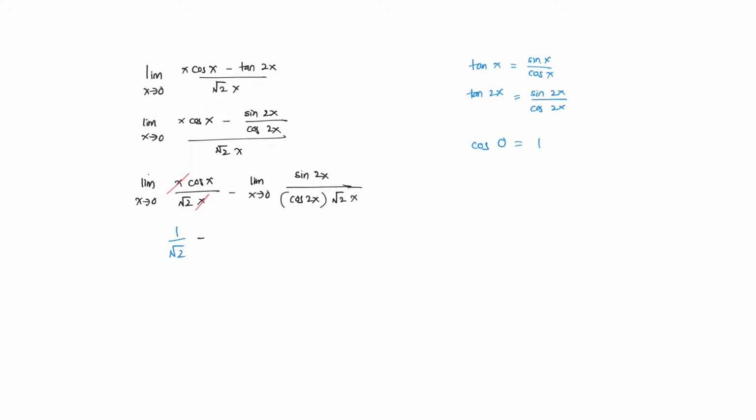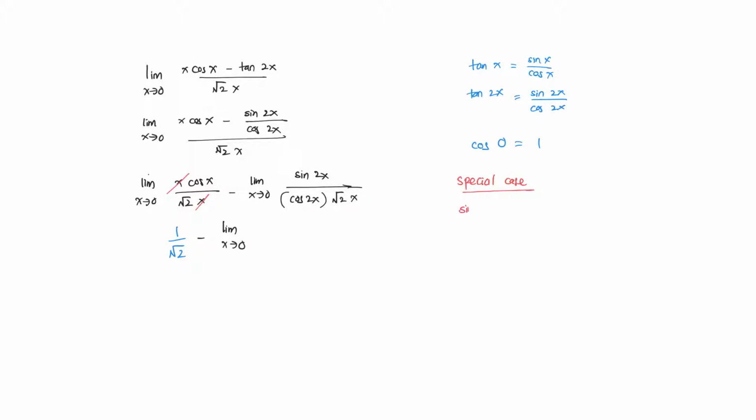Then let's move on to the second part. We have sine 2x over cos 2x, multiplied by sec 2, multiplied by x. The next thing you need to know regarding the limit of trigonometric identities are their special cases.